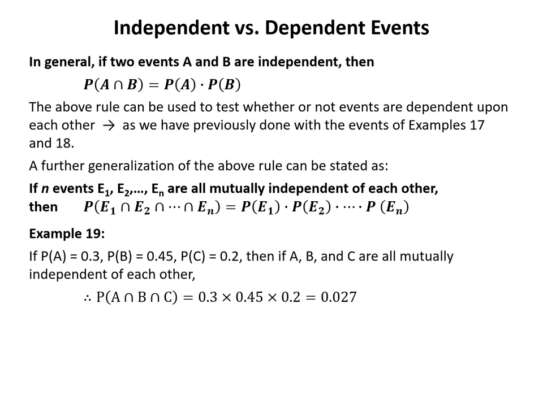Now, if events A, B, and C are all mutually independent of each other, then the probability that A, B, and C all happen, in other words, the probability of A intersection B intersection C, would equal 0.3 times 0.45 times 0.2, which equals 0.027.